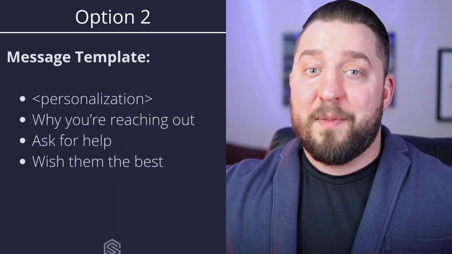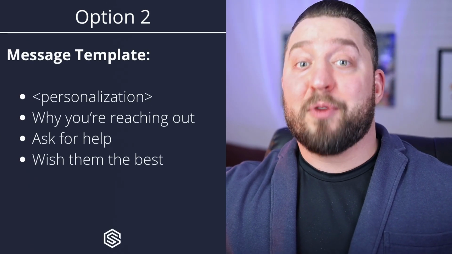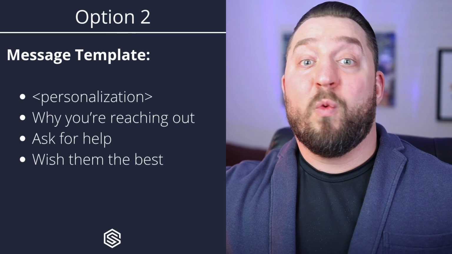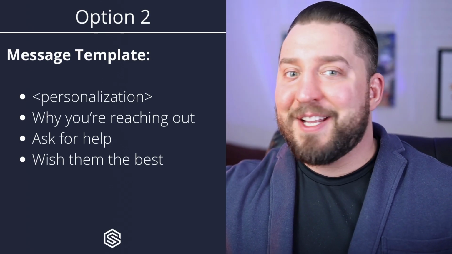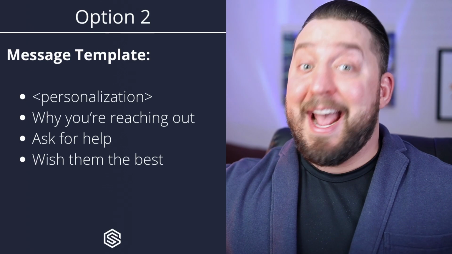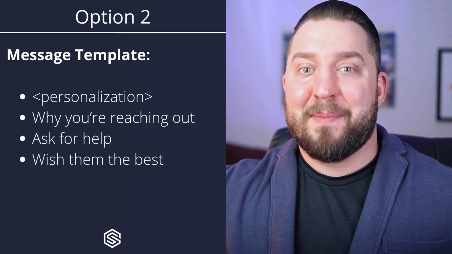Personalize these if you can, but you can also stick to a template that is a lot more time efficient. For the message, start with something personal about them or their profile. Then explain why you're reaching out, that you're looking for a job, interested in their company, something like that. Make an ask for whatever help you'd like and end with wishing them the best.